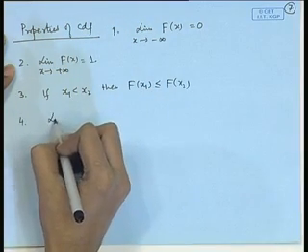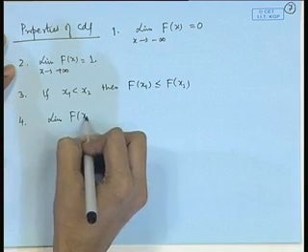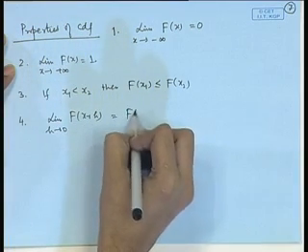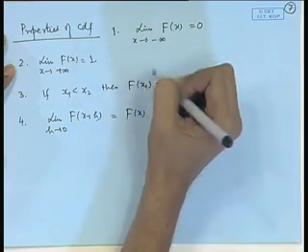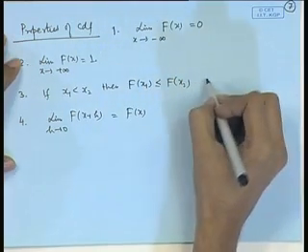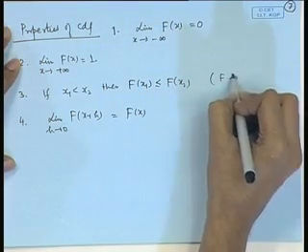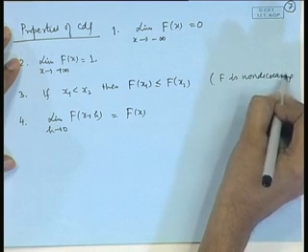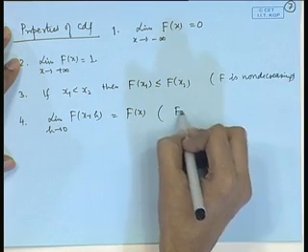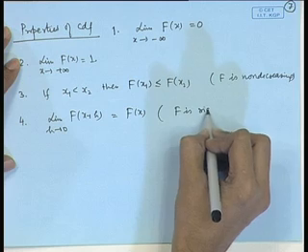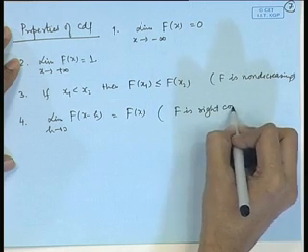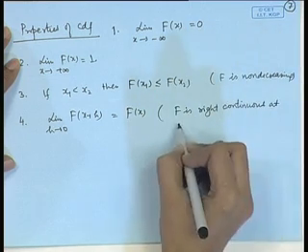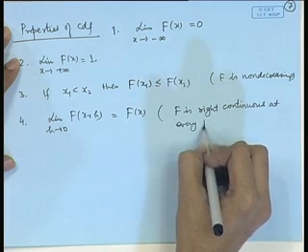If I consider limit of F(x+h) as h tends to 0, then it is equal to F(x). That means continuous from the right at every point. This is, F is non-decreasing, right continuous at every point.